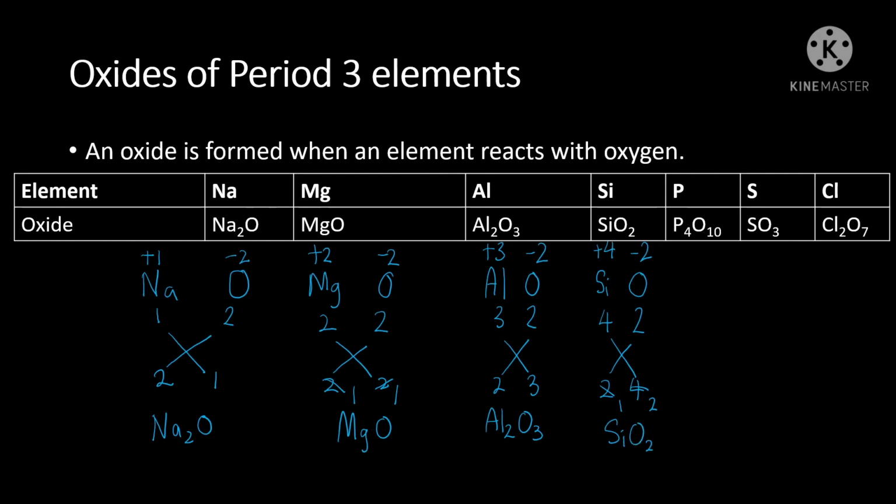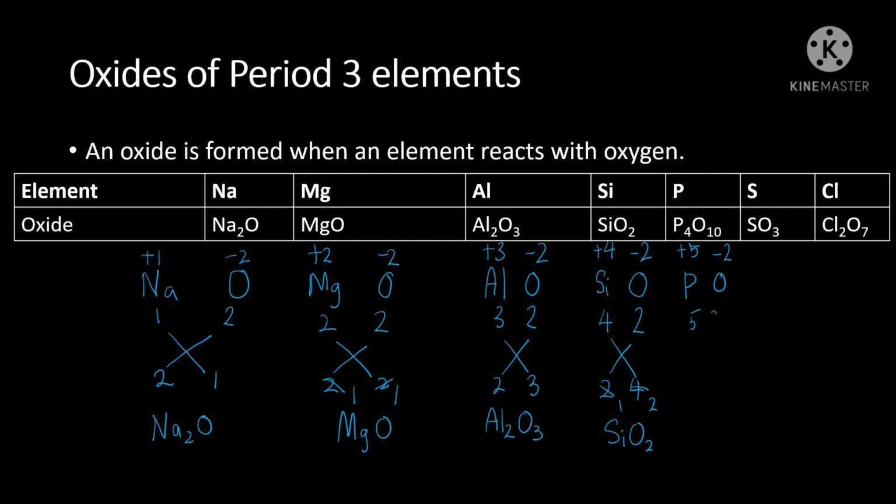And for phosphorus, it is group 15, and it has more than one oxidation state. Here, I'm using the highest oxidation state, which is +5, and for oxygen, -2.